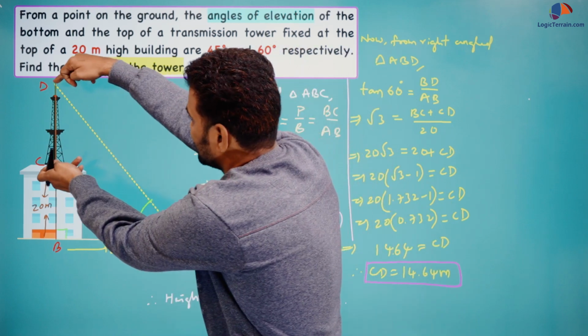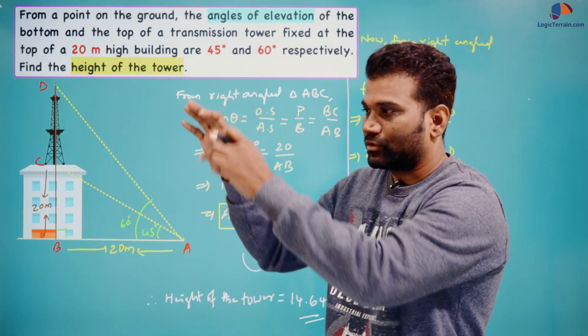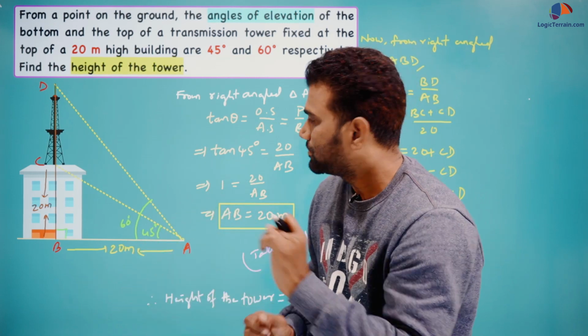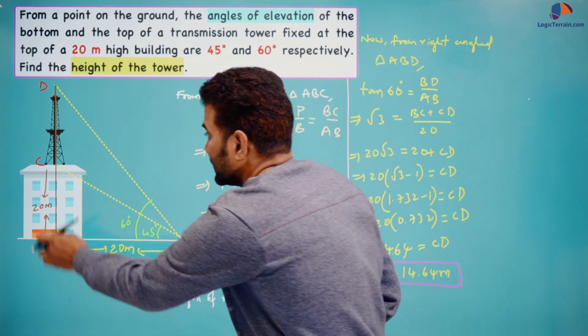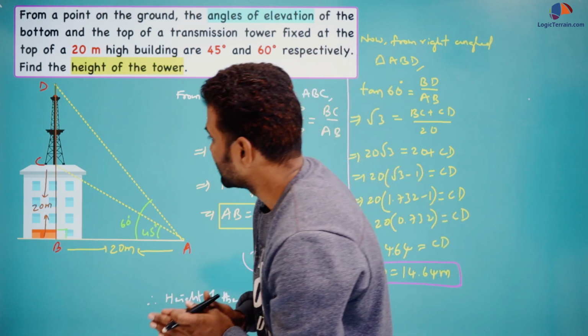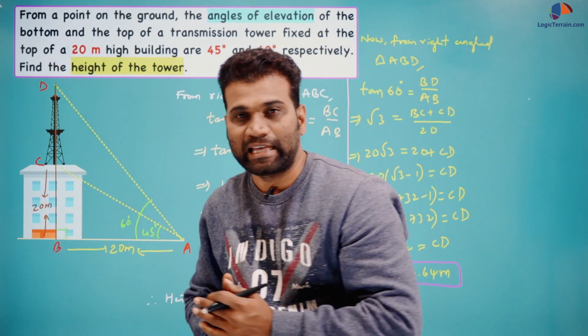So this length, CD length, how will we get it? In the earlier case we got two right angle triangles and we subtracted the base one. Here also we have two right angle triangles, ABC and ABD. Here we have to subtract this length from this total length.